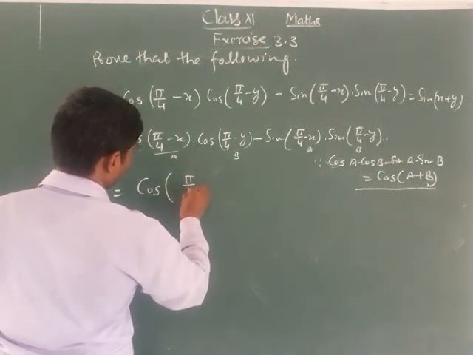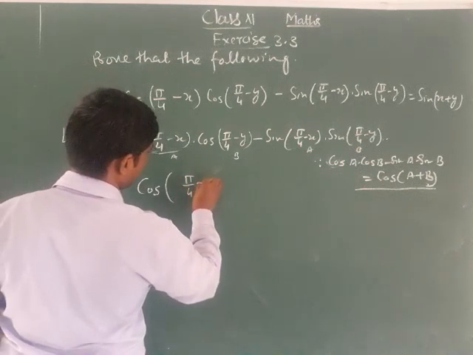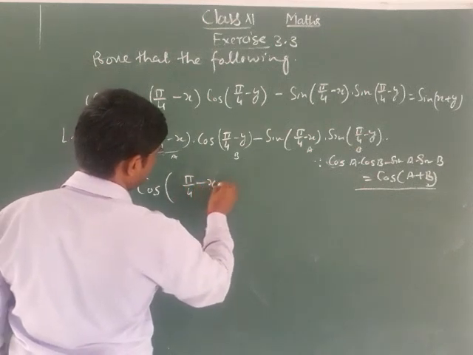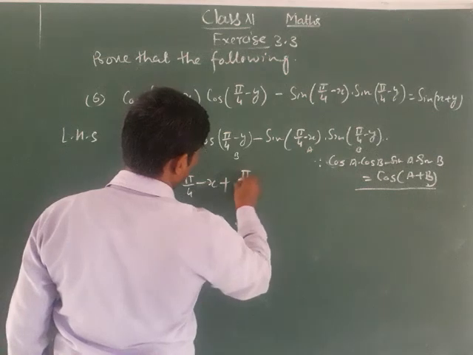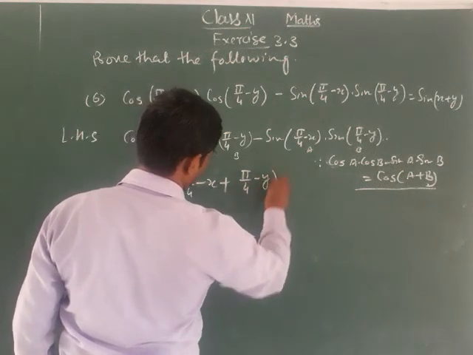cos((π/4 − x) + (π/4 − y)). So cos(π/4 + π/4 − x − y).